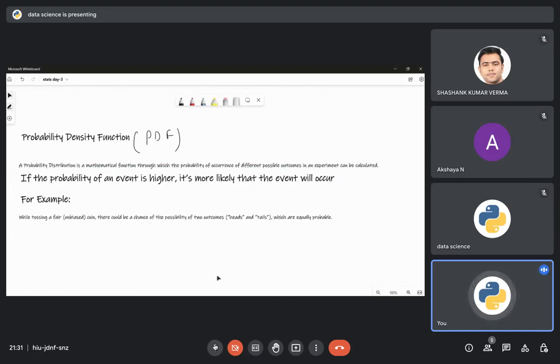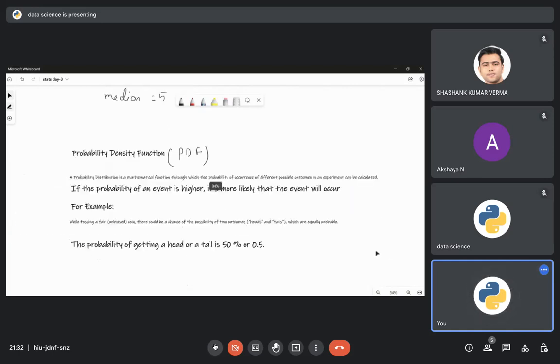This is known as unbiased. While tossing a fair, unbiased coin, there are two possible outcomes, either heads or tails, which are equally probable. 50-50% chances are there. So the probability of getting head and tail is 50-50. That's all.